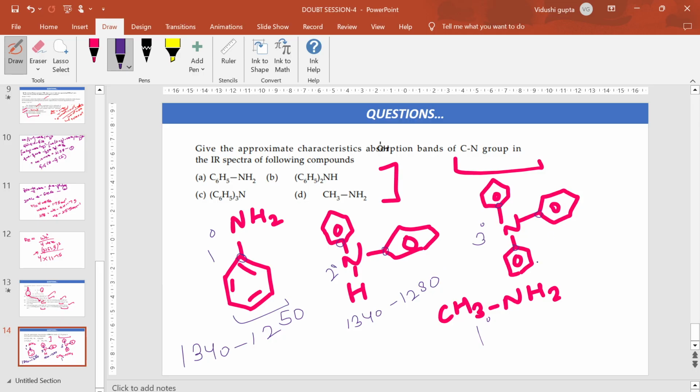The tertiary amine, it is near 1300. And for the primary aliphatic amine, it is near 1200.